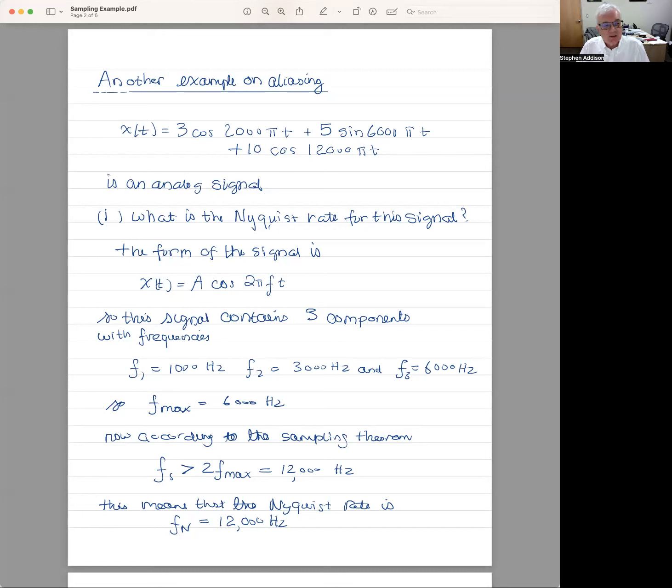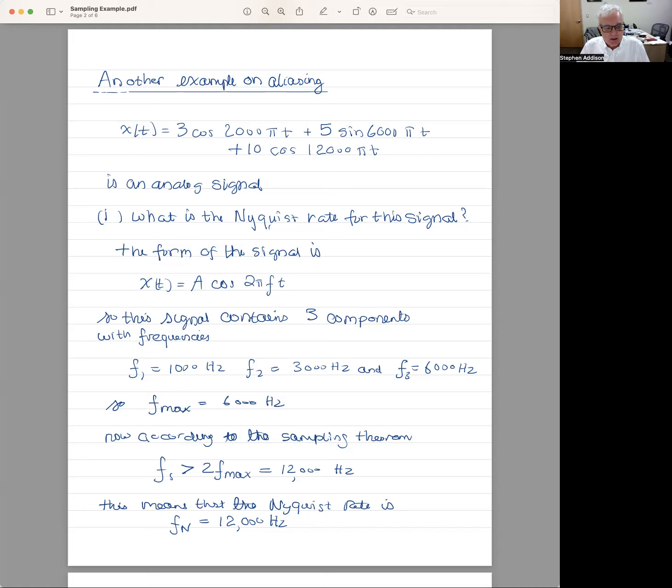I start out with a signal that we call x of t that has three components. The signal is written in the form a cosine 2 pi ft. So we can read off the frequency content. There isn't a 2 in any of the terms. The digits there are twice the actual frequency.